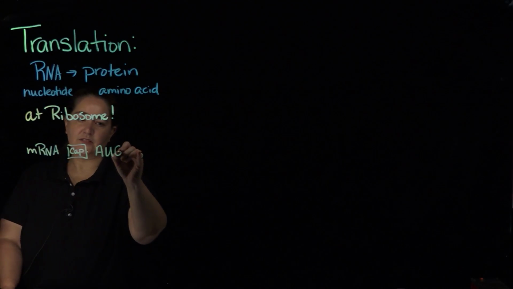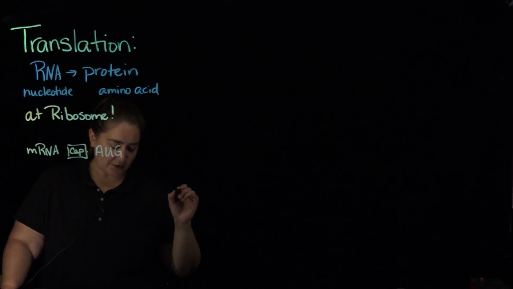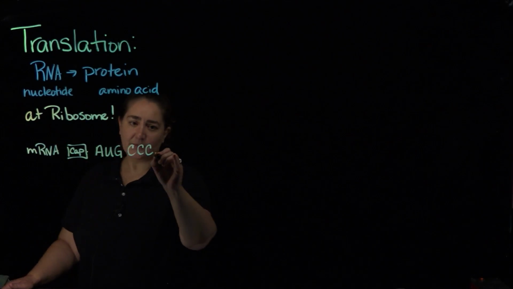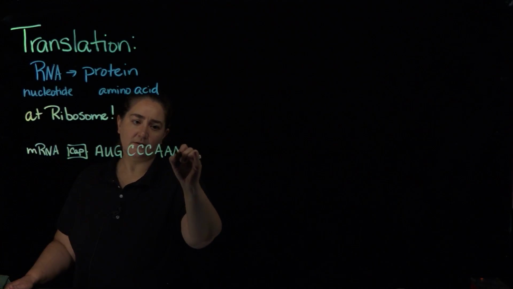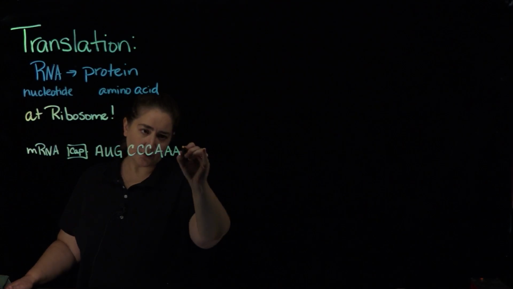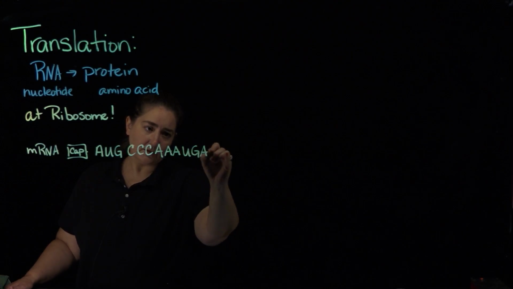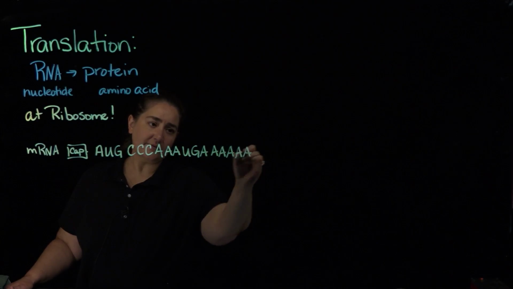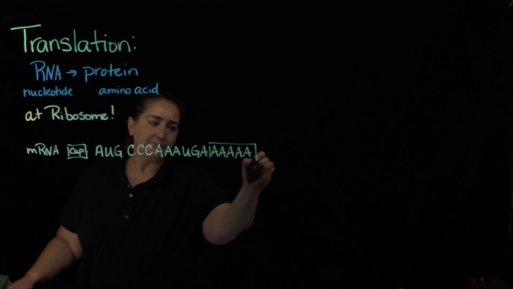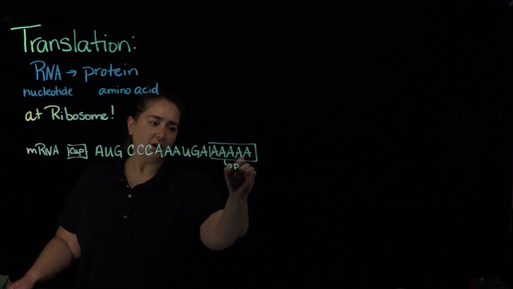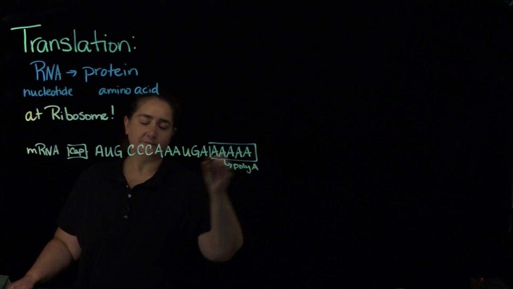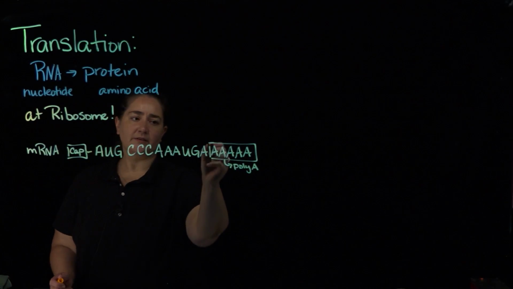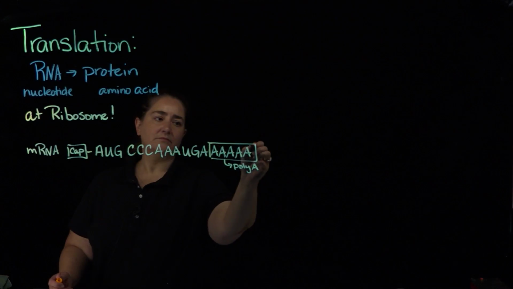And then we're going to have some sequence that makes up our messenger RNA. And I'm going to put an example sequence up here on the board. All right. Then we've got our poly-A tail on our messenger RNA, because those were things we talked about in the last video with splicing.